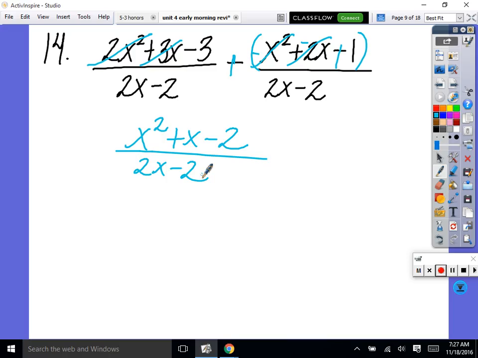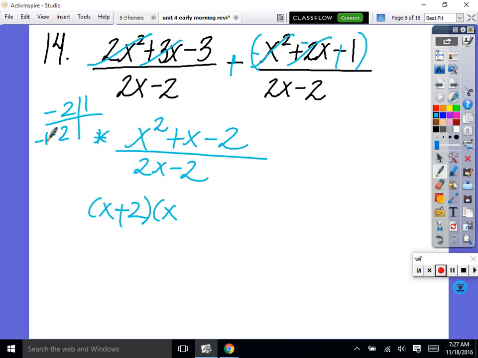Now you say that is my answer, but does my answer simplify? We now factor it, right? So on top, it factors to be x minus 2 and x plus 1, correct? Well, it multiplies to be negative 2 and adds up to be 1. 1 times 2, negative 1.